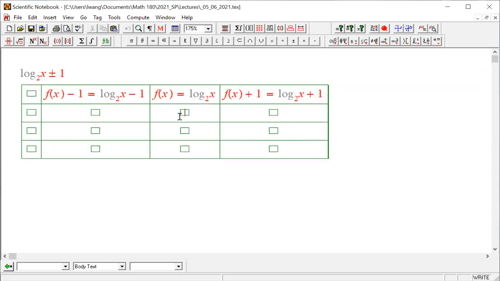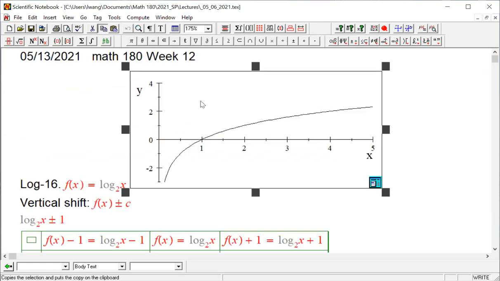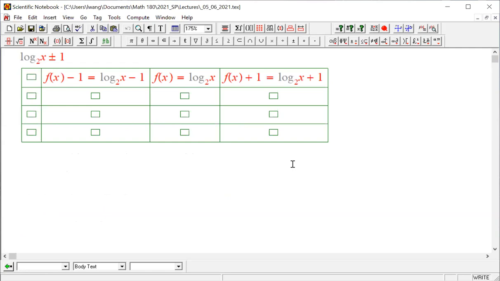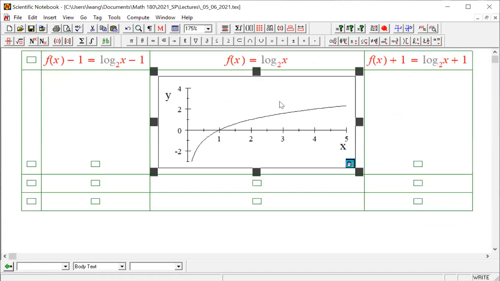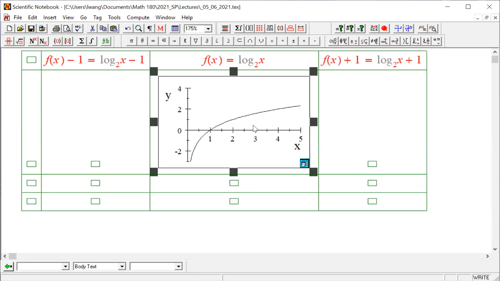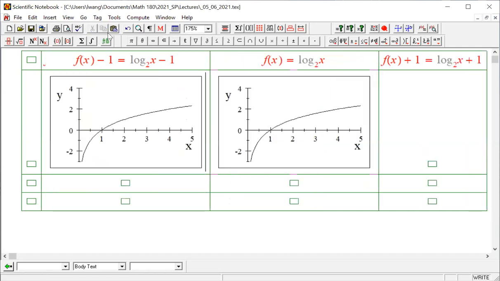And the graph for the one in the middle is like that. Then we're going to do the shifting. We're going to take this picture. This is shifting up, and this is shifting down.